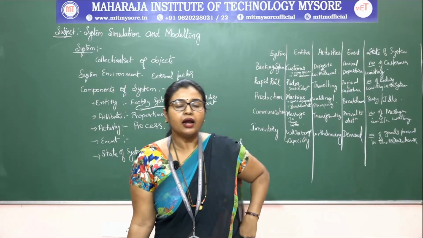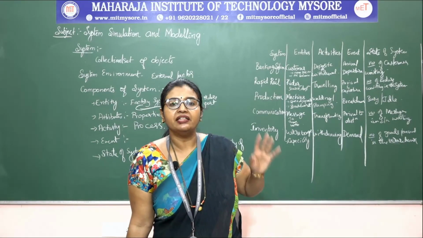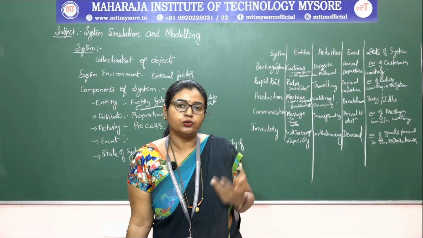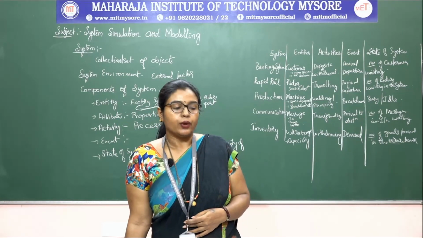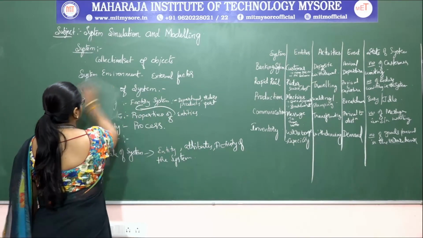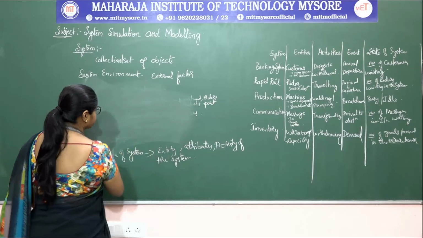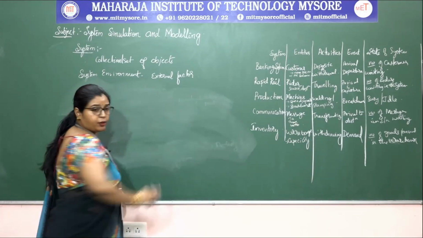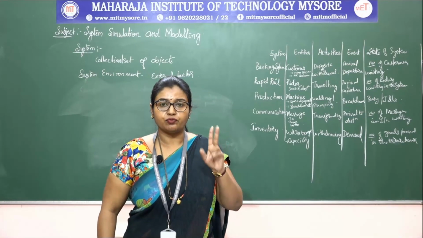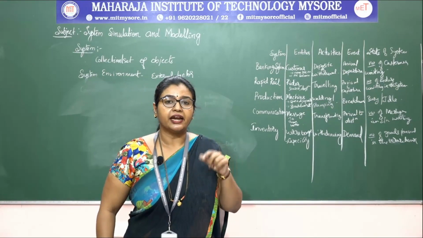If you are good enough to identify these things, it is easy to do the simulation or to study the system. Okay. And here we have types of system. If you talk about the system environment, we have two types of system, that is exogenous and endogenous.